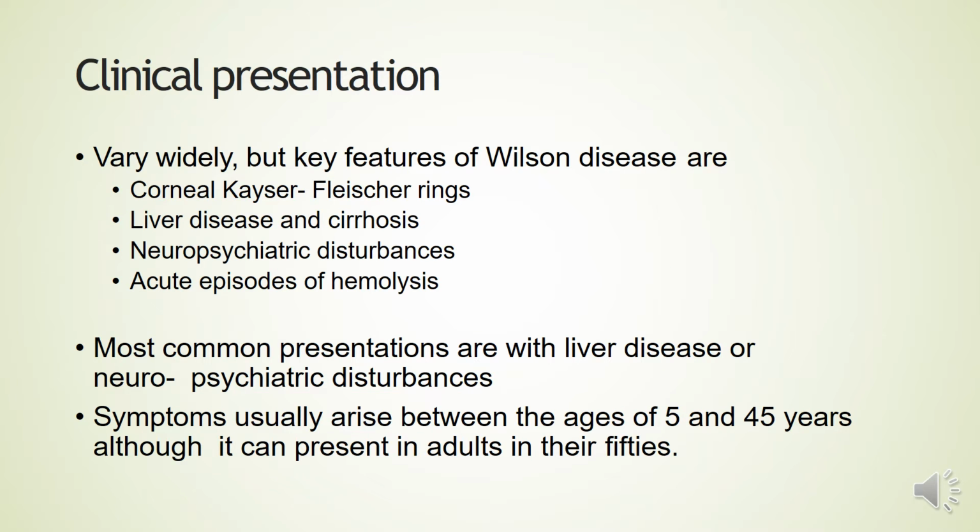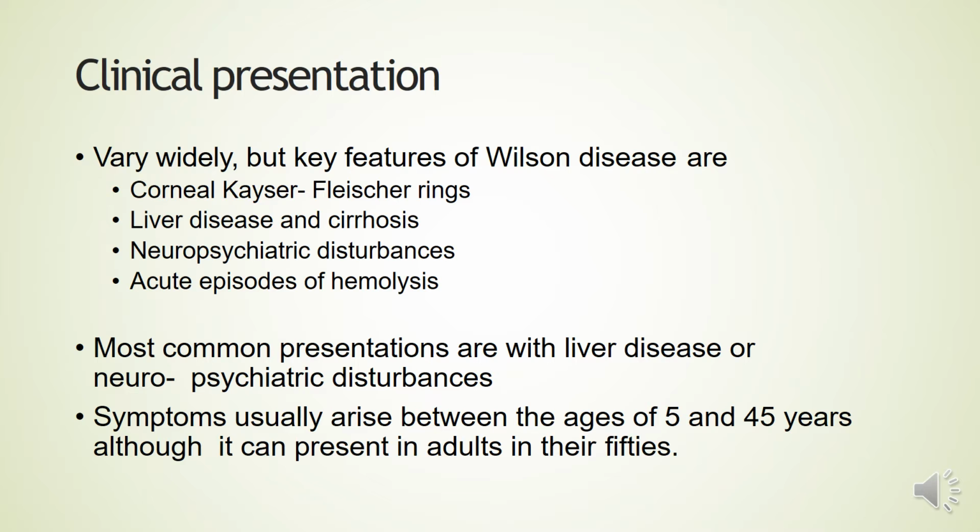So the first two words of this slide are what I would like to emphasize, that it is so widely variable. We have had cases who are asymptomatic, who come with no complaints except failure to thrive or malnutrition or poor appetite, or they come with other underlying clinical disorders like infectious diseases such as dengue, which lead on to the discovery of Wilson's disease, and on further workup we know that it is Wilson's, right?